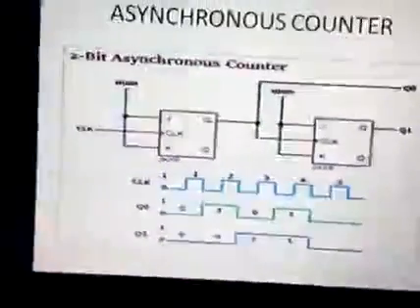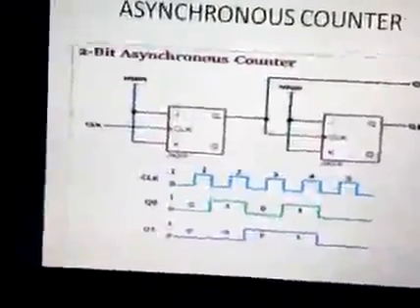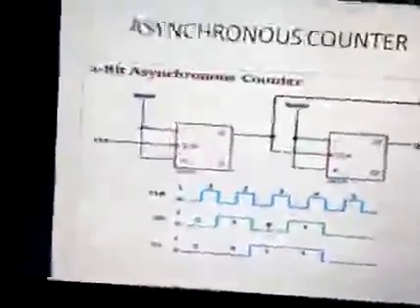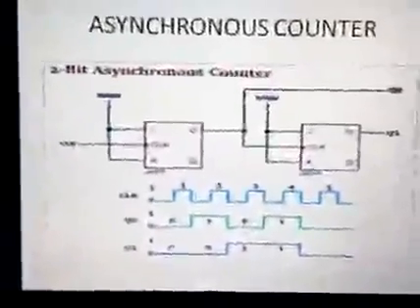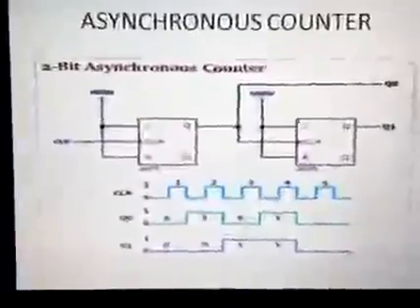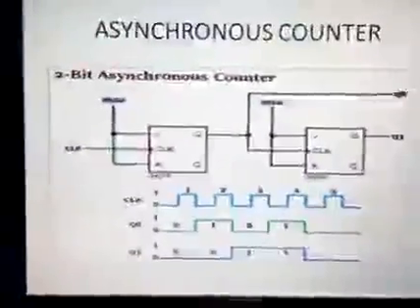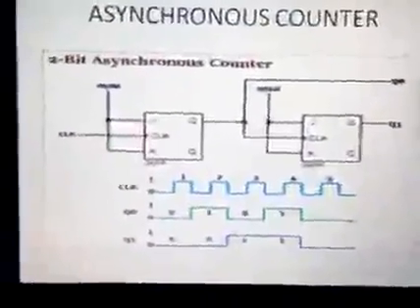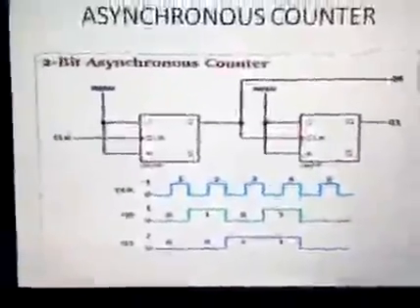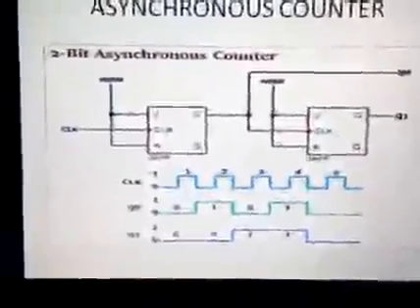Hold operation means the previous state is copied the same, so if the previous output is 0, the next output is also 0.